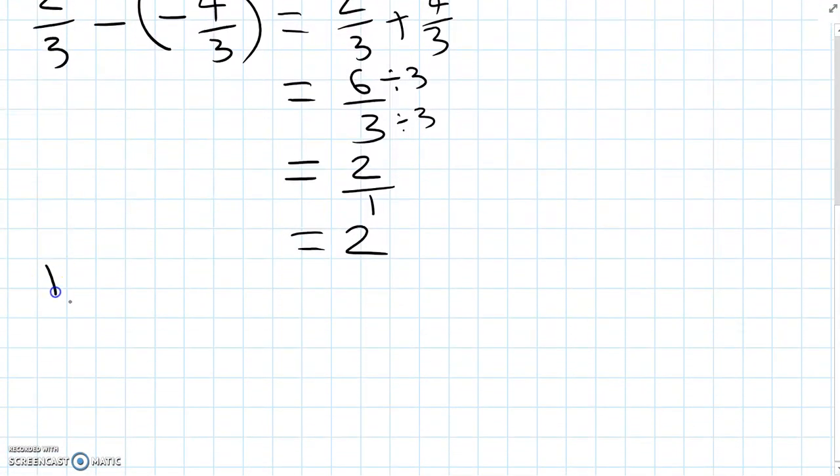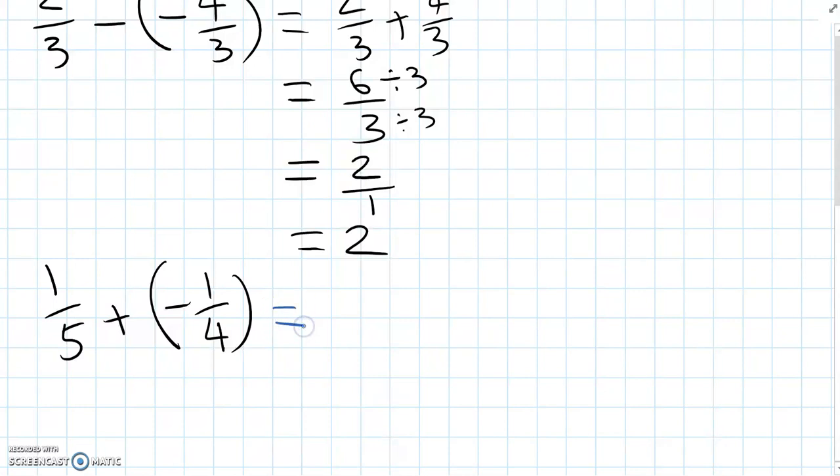Okay, the next one we have is 1/5, and we're adding negative 1/4. So here we don't have a common denominator, and that's the first thing we'll do to solve this one. To get a common denominator, we can work out the lowest common multiple of 5 and 4.